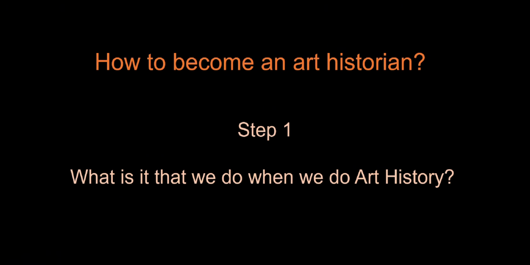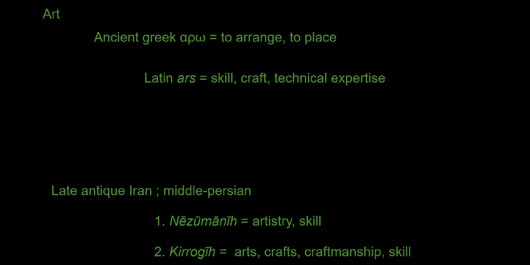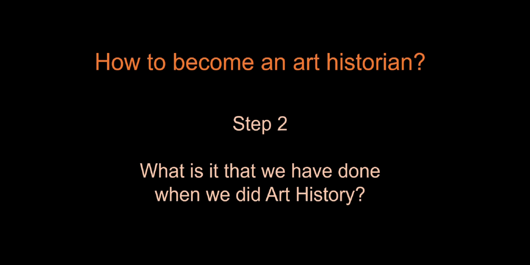In the first video, we have seen that art history as an academic discipline is based on a notion, a concept, art, which did not exist as we understand it today for ancient societies.